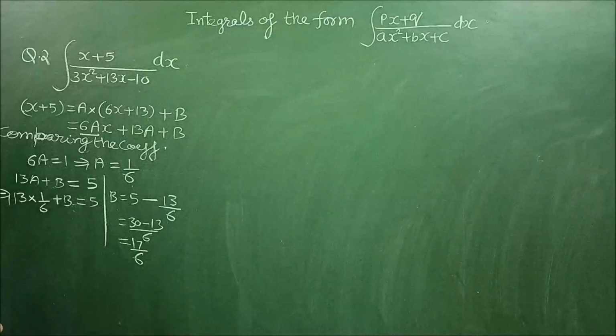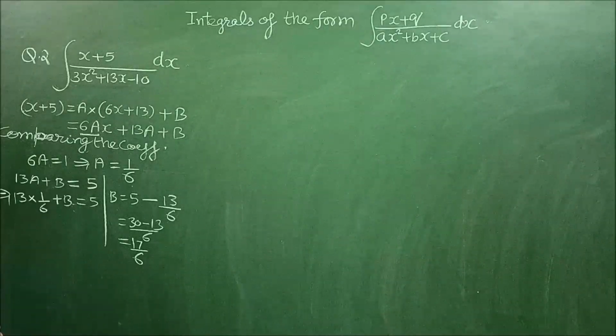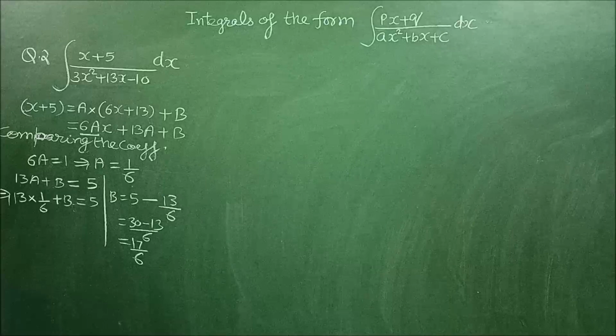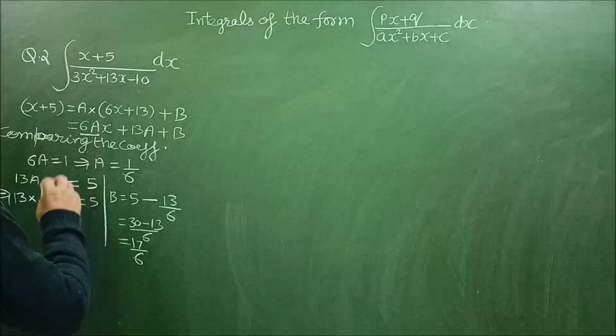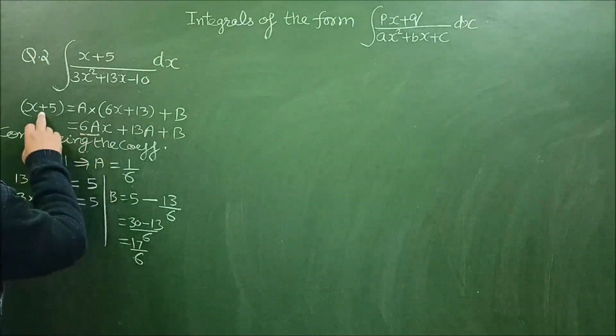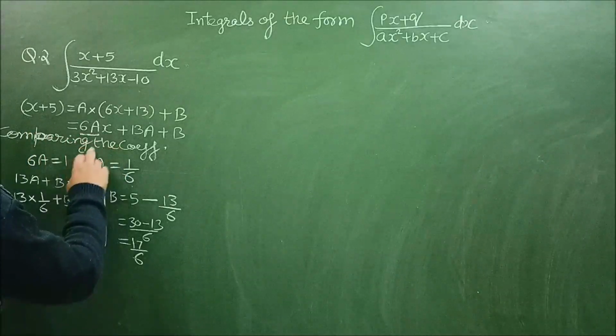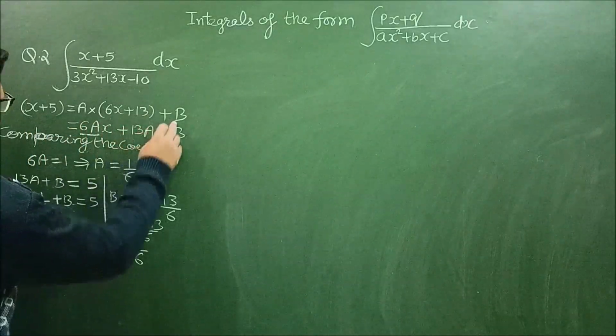Now we have got the values of a and b. Now putting these values here, replacing x plus 5 by a into 6x plus 13 plus b.